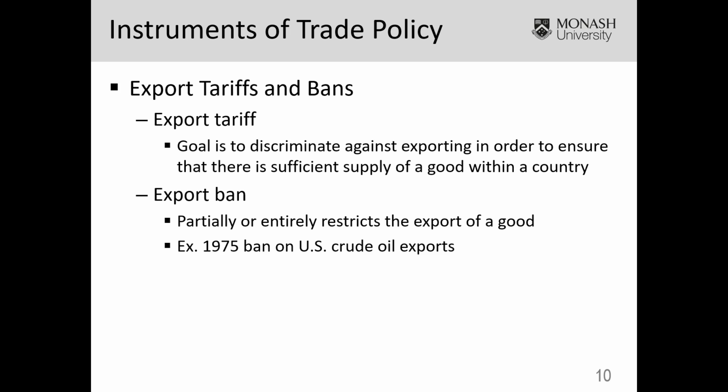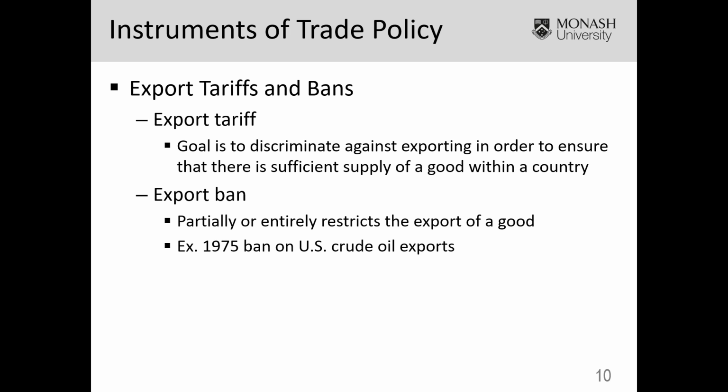The export ban was for political reasons or couched as anti-terrorism reasons. The PlayStation 4 could not be exported to particular countries in the Middle East, and so on. So export bans are to entirely or partly restrict the export of a good.